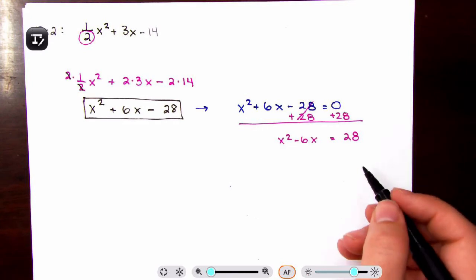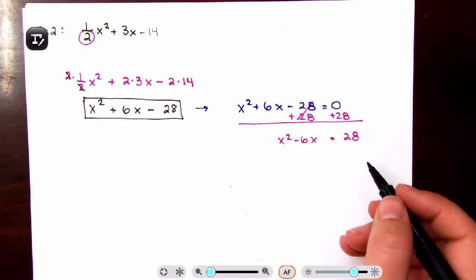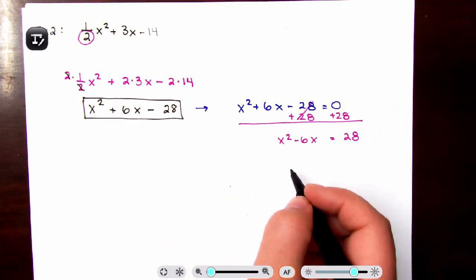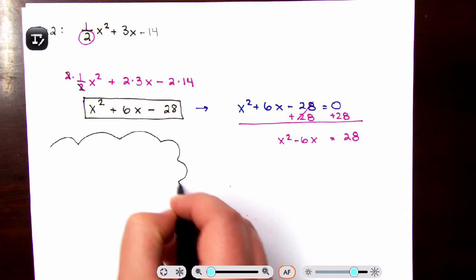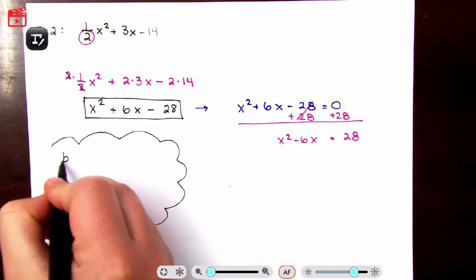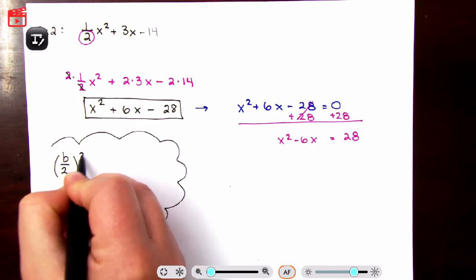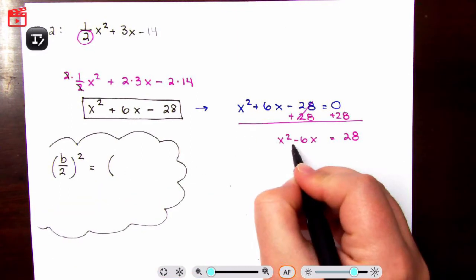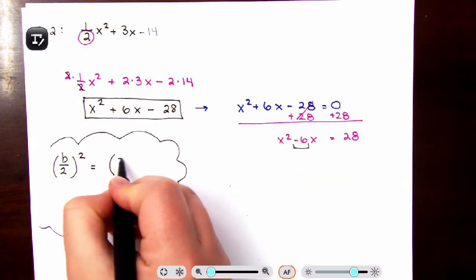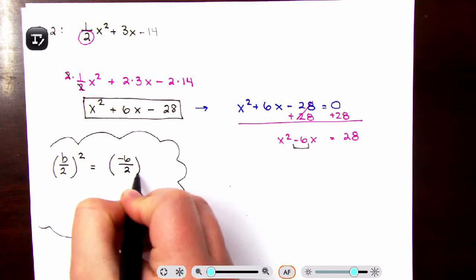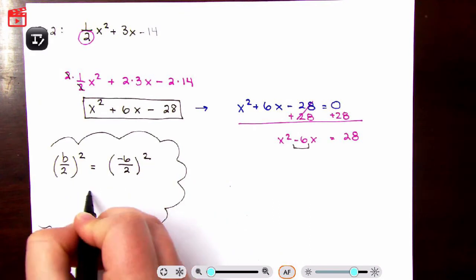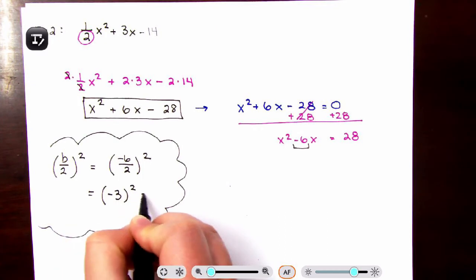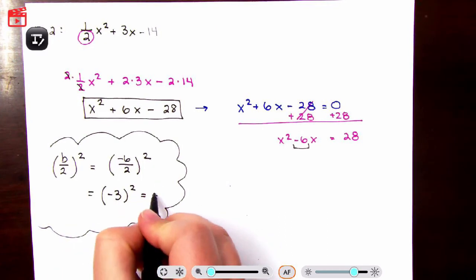Step number 4, in a thinking bubble, take b and divide it by 2. I didn't do a thinking bubble last time, so I'll do one here. So we want b divided by 2 squared. What is our b value? Here's our b value, which is -6 divided by 2 squared. So -6 divided by 2 equals -3 squared. -3 times -3 is +9.